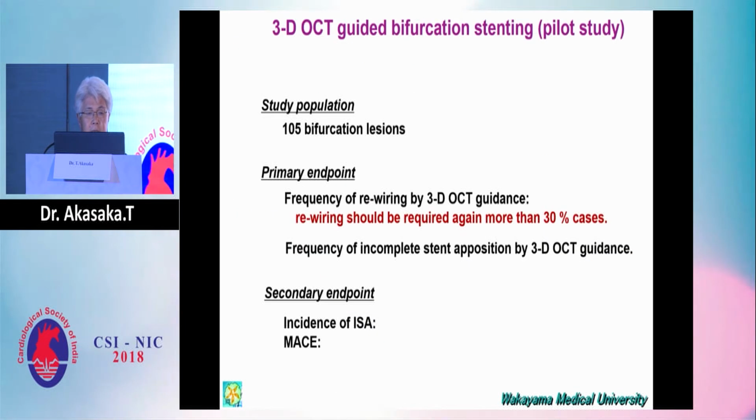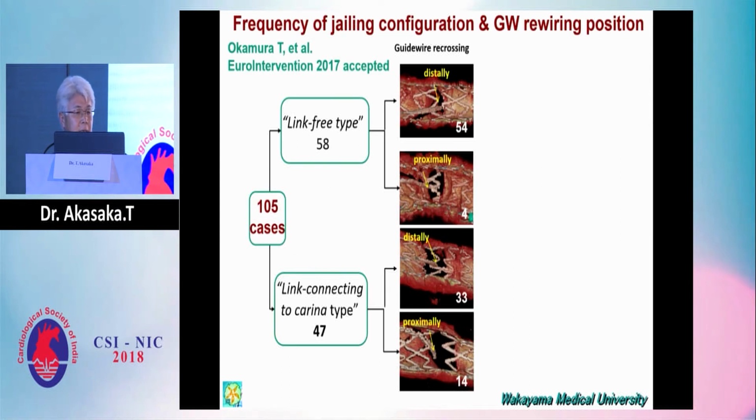could expect a better result. We did 3D OCT-guided PCI in Japan, a small registry. In our daily clinical practice, you have to rewire again in nearly 30% of cases with OCT guidance. And we tried to compare the results between optimal and suboptimal cases. You cannot select the position of the link, so it is by chance.